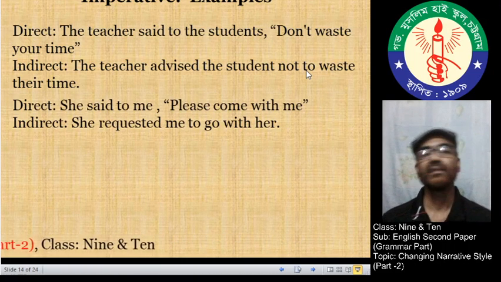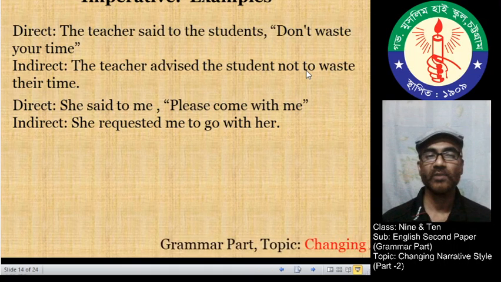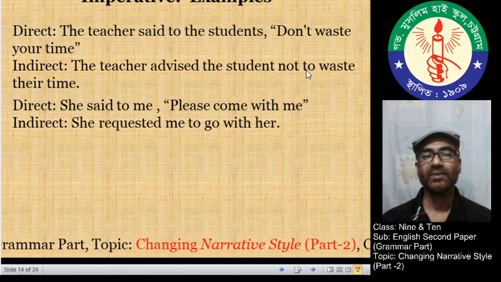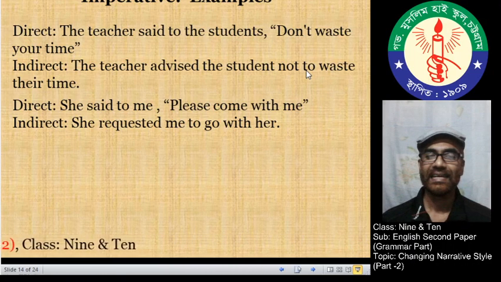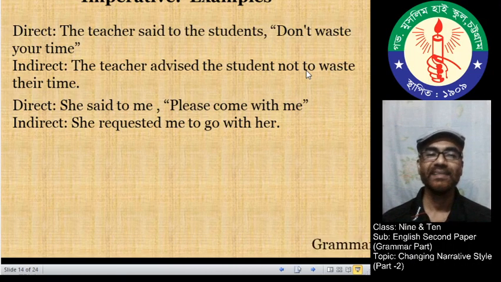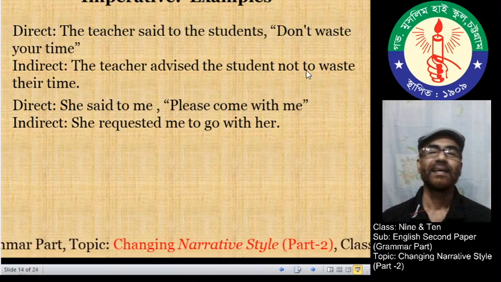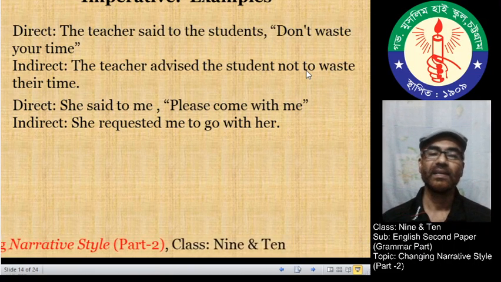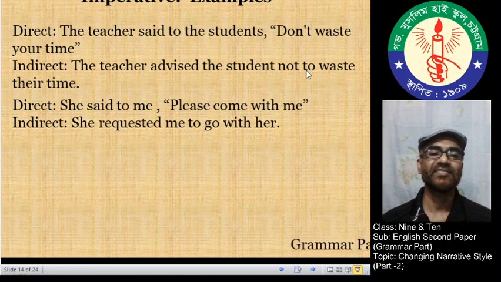And here's a different one. She said to me, "Please come with me." She requested me to go with her. "Please come with me." She requested me to go with her. I think you have the basics, so you know why come is changed to go.